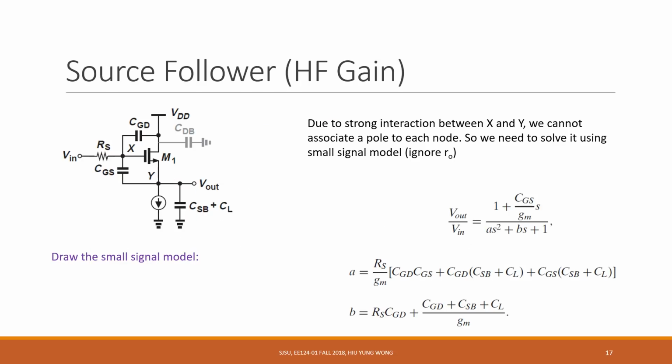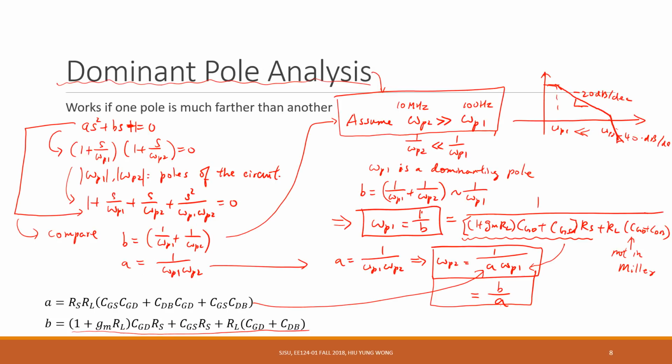And for the source follower, the only thing we want to say is that because of the strong interaction between X and Y, we cannot associate a pole to each node, right? Actually, in the common source amplifier, we already see that there is some modification. If you go back to this slide, remember this is the pole. We try to associate this pole to this input node, but no, we actually have some interaction.